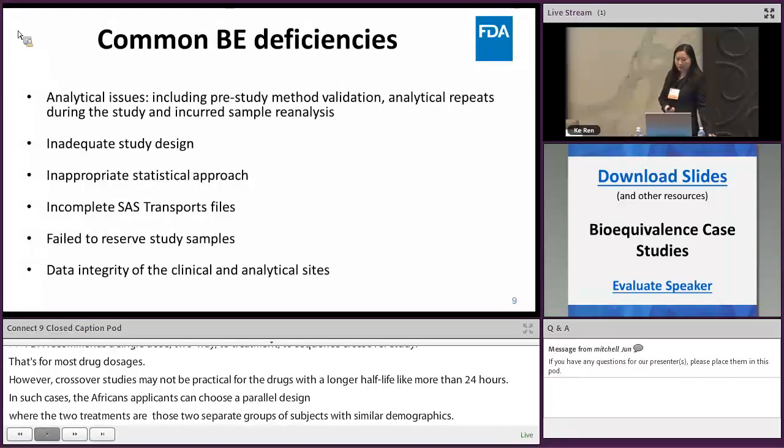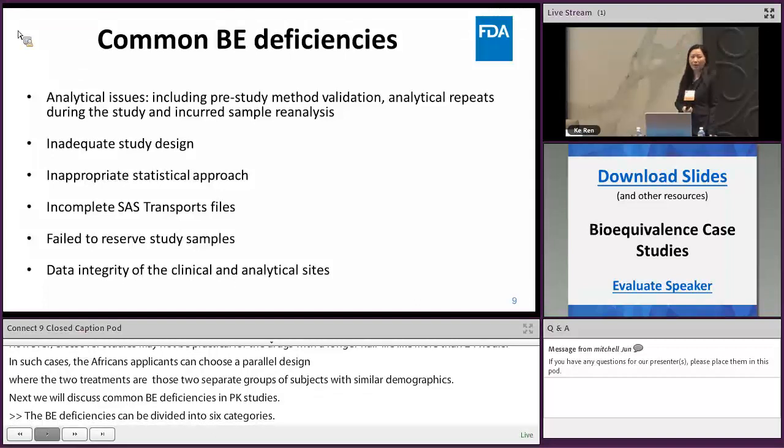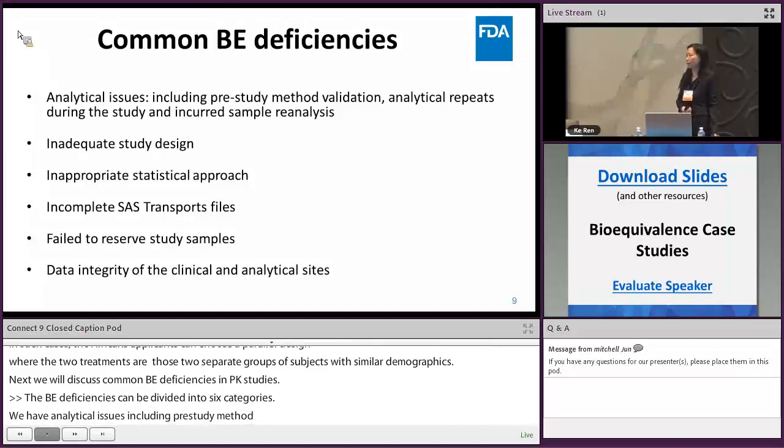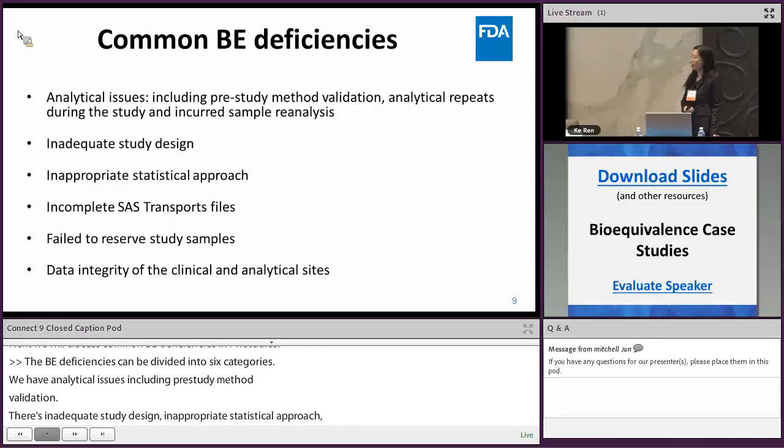The BE deficiencies can be divided into 6 categories. 1, analytical issues, which include pre-study method validation and issues within the study. 2, inadequate study design. 3, inappropriate statistical approach. 4, incomplete SAS transport files. 5, failure to retain study samples. 6, data integrity of the clinical and analytical sites.